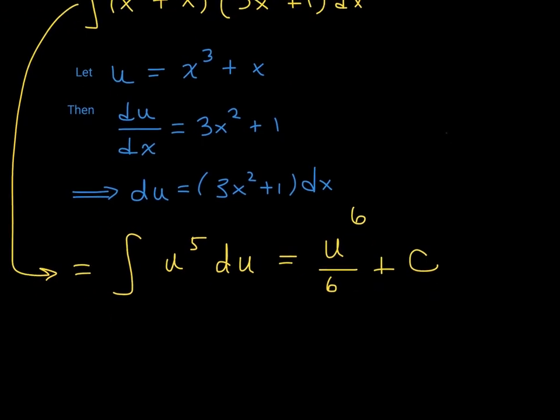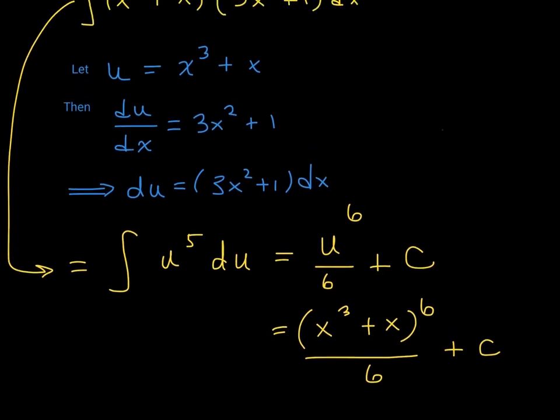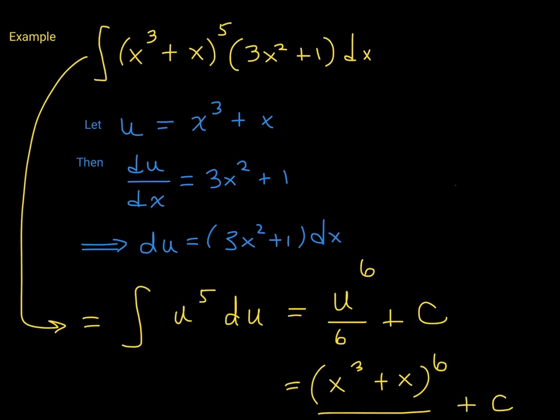Remember that u is equal to x cubed plus x. So then this is x cubed plus x, that raised to the sixth power all over 6, and then plus c. That's the answer. So using the substitution method, being really clever about what you let u equal will allow us to integrate so much easier.